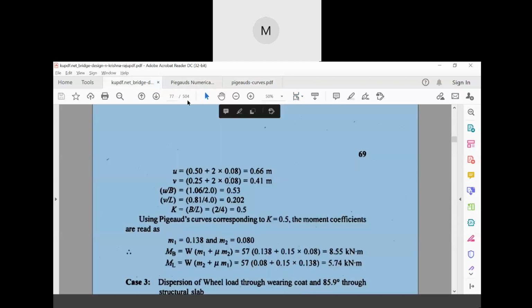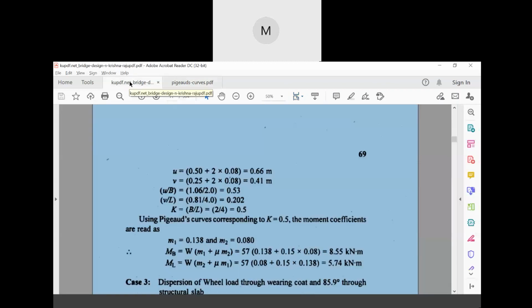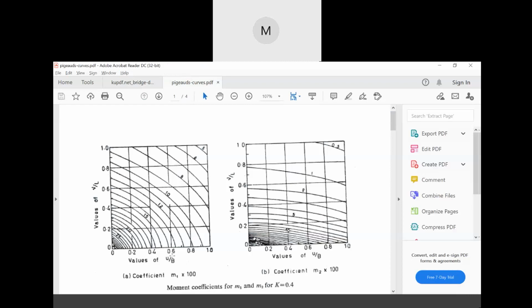Yes. Then what happens? This 0.5, u by b is 0.5, right? Now if u by b is 0.53, then this is 0.6. This is 0.6 for u by b, and this is v by l, right? Now this is 0.6.